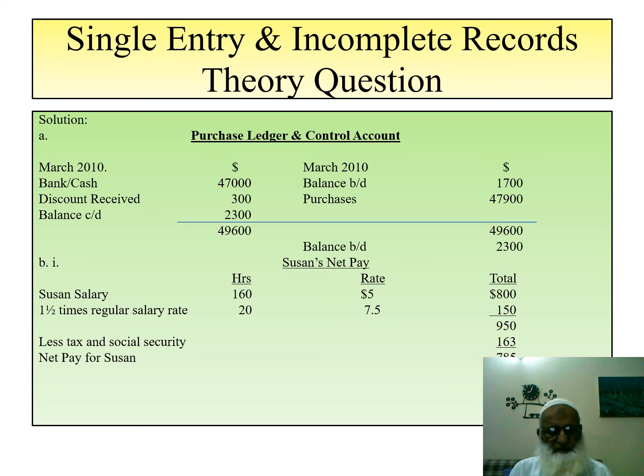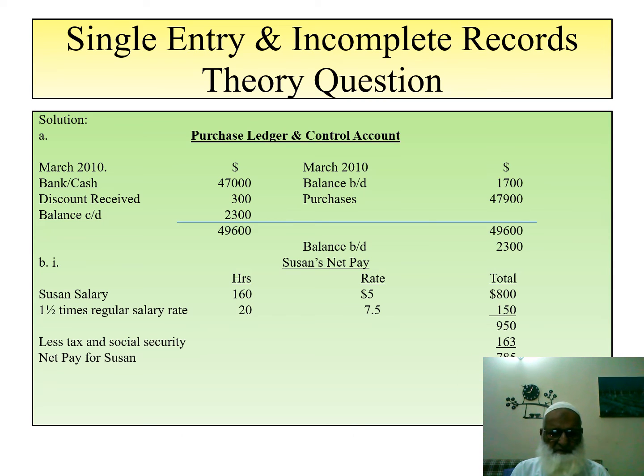So we have $7.50 per hour as the overtime rate, and we get $150 for 20 hours. This is the overtime cost. If we add up, we get 950 as the total amount.